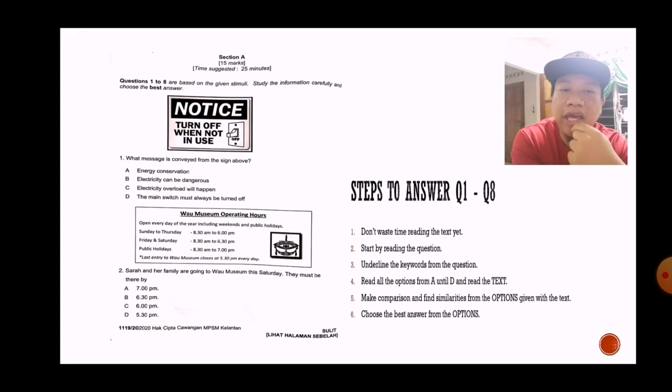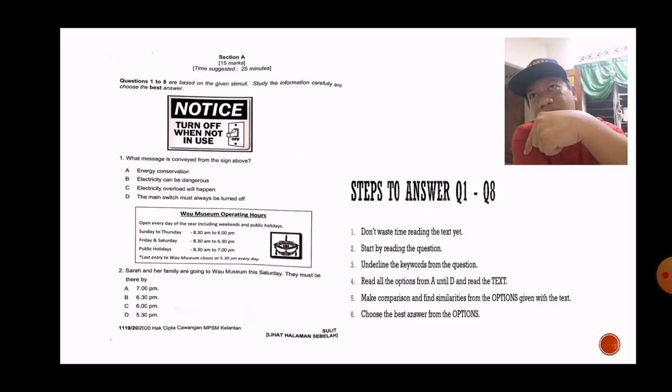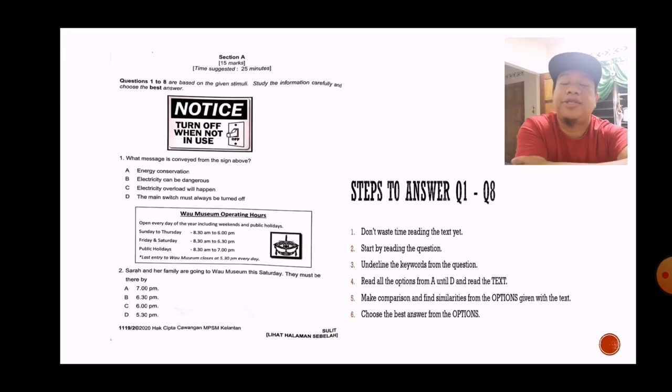This is a trial question from MPSM Kelantan. MPSM means Majlis Pengetua Sekolah-Sekolah Menengah di Kelantan. So this is an actual trial question from Kelantan State year 2020. Now it's 2021, so 2020 is last year lah.